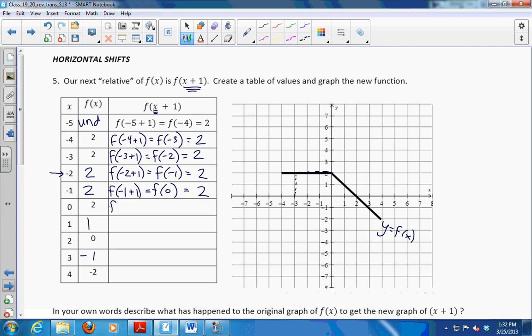And now I'm going to do f of 0 plus 1, which is f of 1. And what's f of 1? 1. And then f of 1 plus 1, that's f of 2, and f of 2 is 0. All right, what am I taking f of in this case?